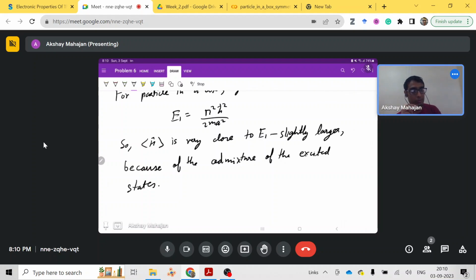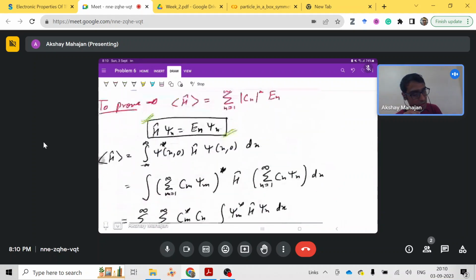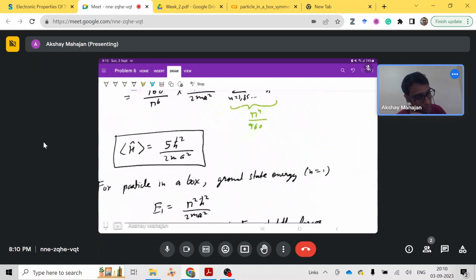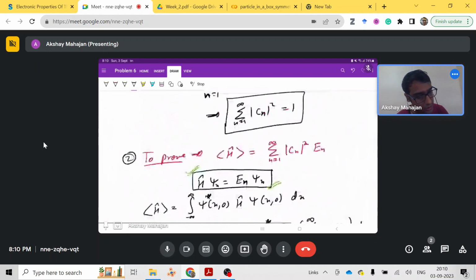Since we have mixed some excited states into our ground state, it is a little higher. Alright, so that is done.